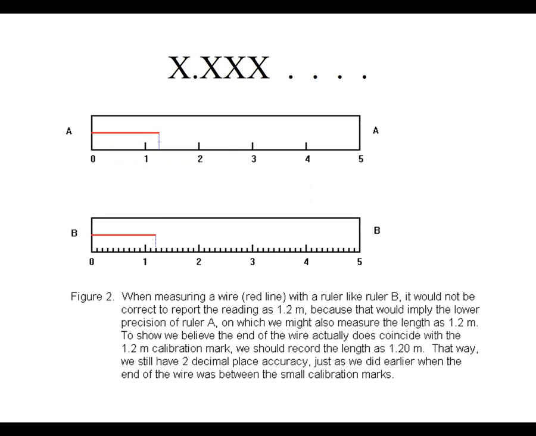Calculators are bad about truncating trailing zeros. We're going to find later when we use calculators to do calculations on measurements, and when our answer comes not from a direct measurement but from a calculation done on measurements, we'll find that usually the calculator gives us too many figures.